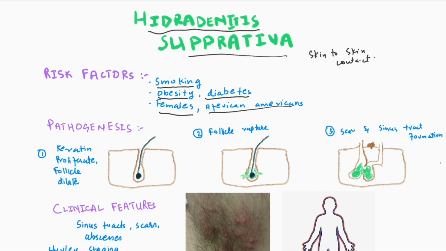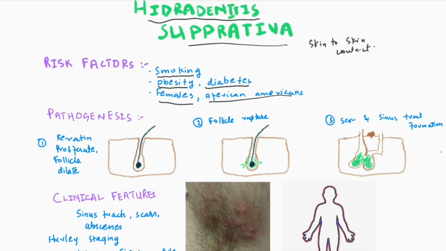Now let's go down to the pathogenesis, just to know how hidradenitis suppurativa actually occurs. The thing that is involved in the pathogenesis is basically the pilosebaceous unit, or follicular pilosebaceous unit. So what is that? The follicle is this area, the place from where the hair originates.